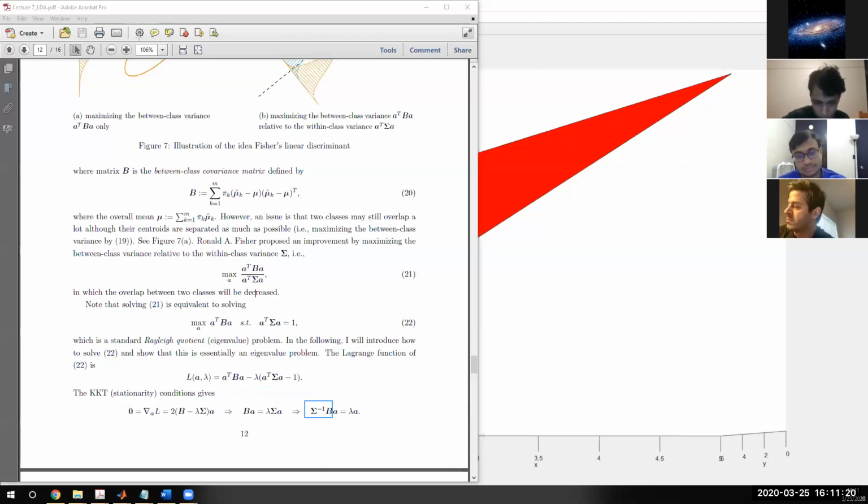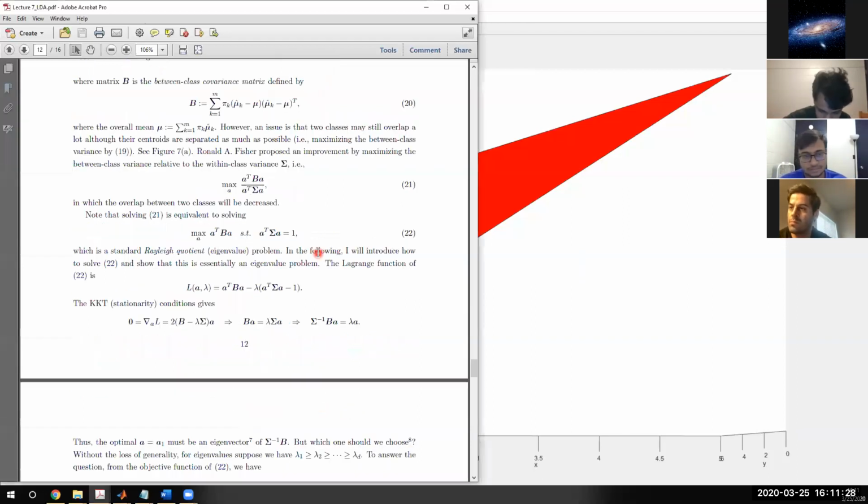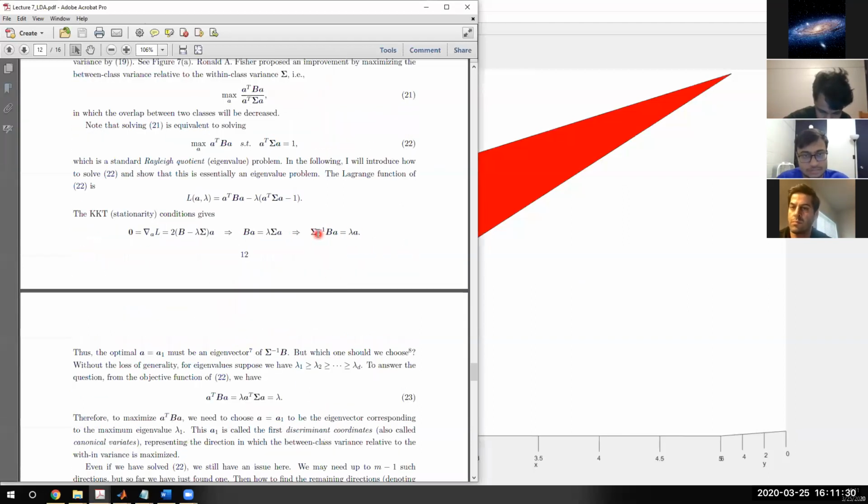However, don't forget that KKT is a necessary condition, okay? KKT is a necessary condition. This just tells you that if A is really the optimal solution, then A must be an eigenvector of sigma inverse B, this matrix. The question is, how many eigenvectors do I have?